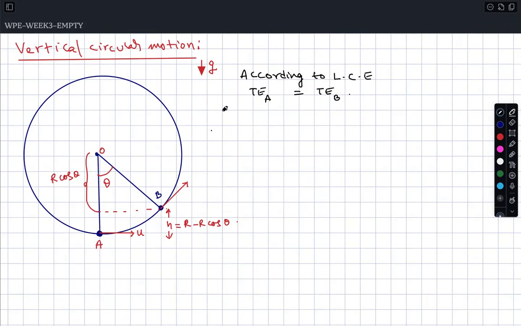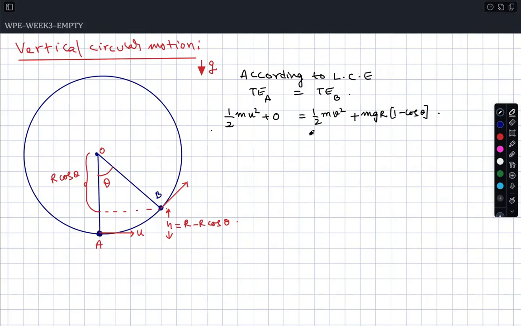Total energy at A can be written as half m u square, and there is no potential energy here. Why? It's on the floor. Whereas at B, half m v square plus m g R (1 minus cos theta). Now you have a relation.